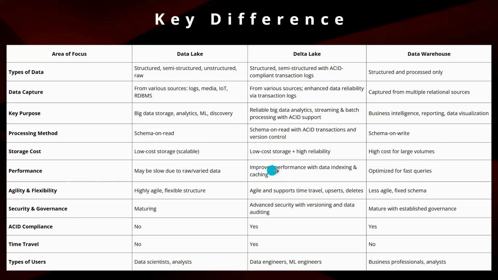Delta lake has improved performance with data indexing and caching, and data warehouse is optimized for fast queries, right? Agility and flexibility: data lake is highly agile with a flexible structure. Delta lake is agile and supports time travel, upsert and delete operations. Data warehouse is less agile with a fixed schema. So in data warehouse, the schema is fixed and it cannot be changed.